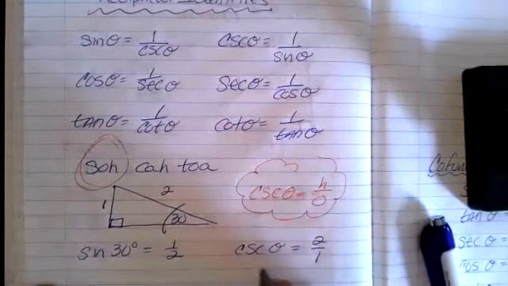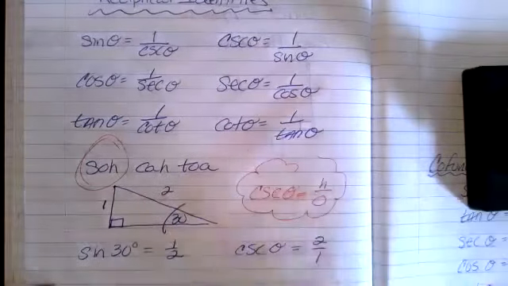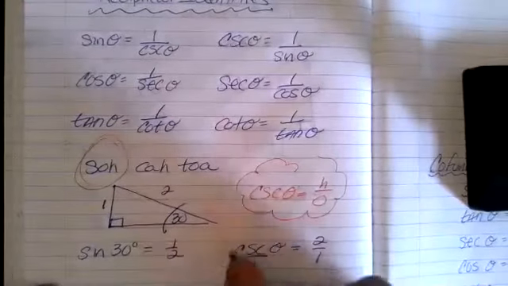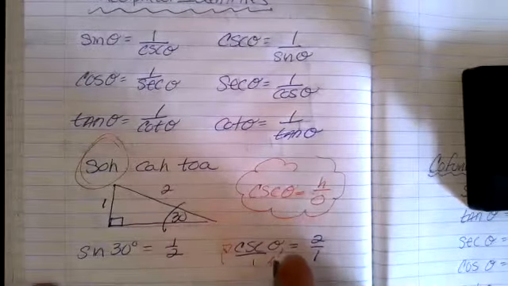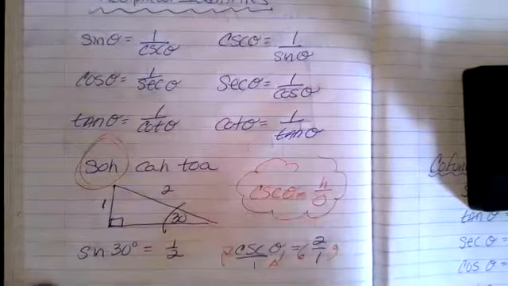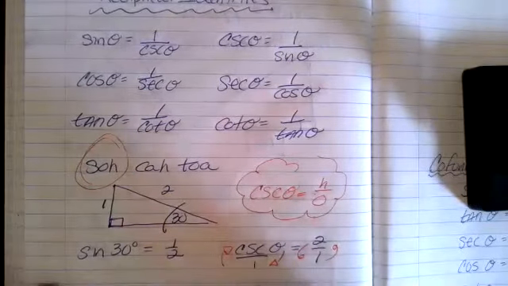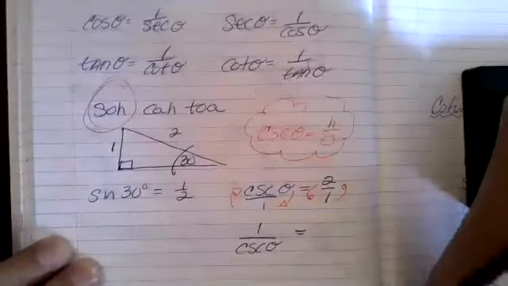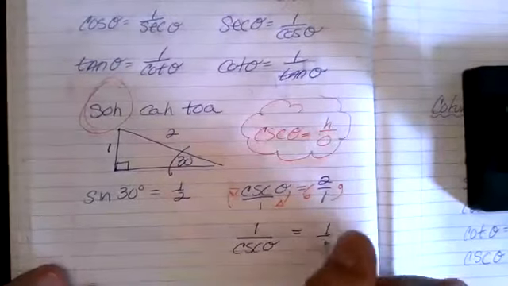And what I could do is take the reciprocal of both sides of this equation, right? This is really like cosecant over 1. I could flip this, take the reciprocal of both sides, and I would find that 1 over cosecant of theta is equal to 1/2.